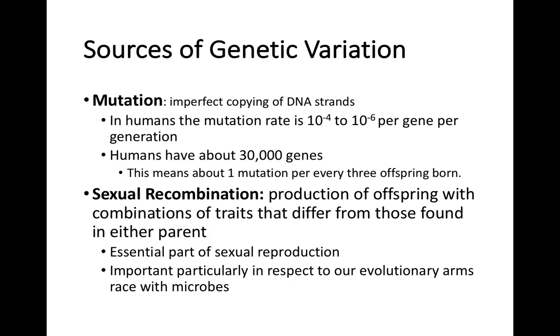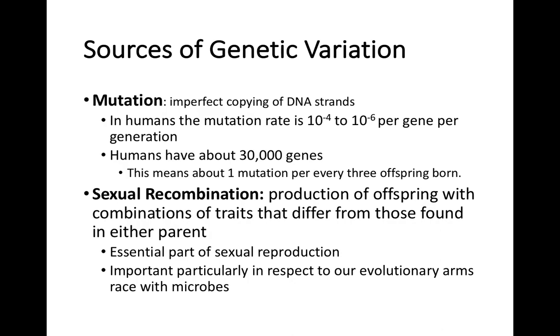What's more interesting with evolution is sexual recombination. This happens every time we reproduce. And when you think about it, for humans, for mammals, for birds, sexual recombination is the only way that you get offspring. You're not able to, for example, clone yourself.